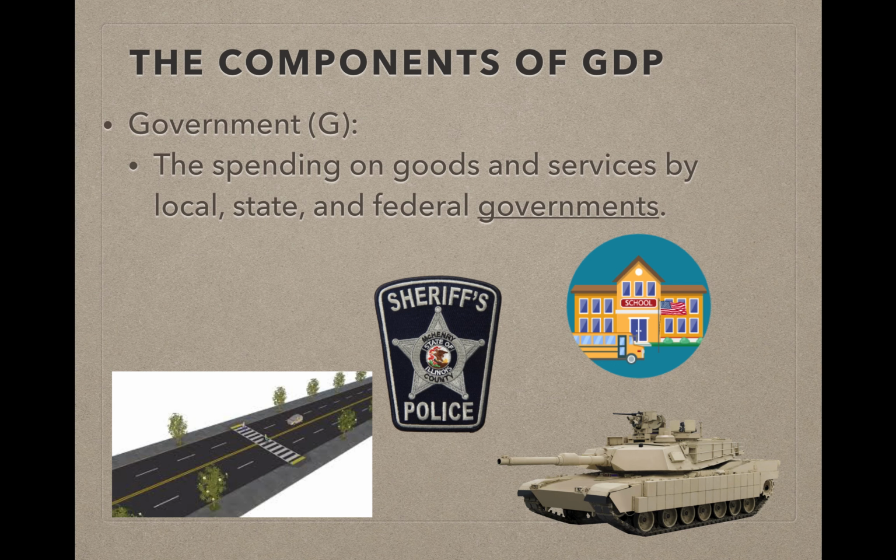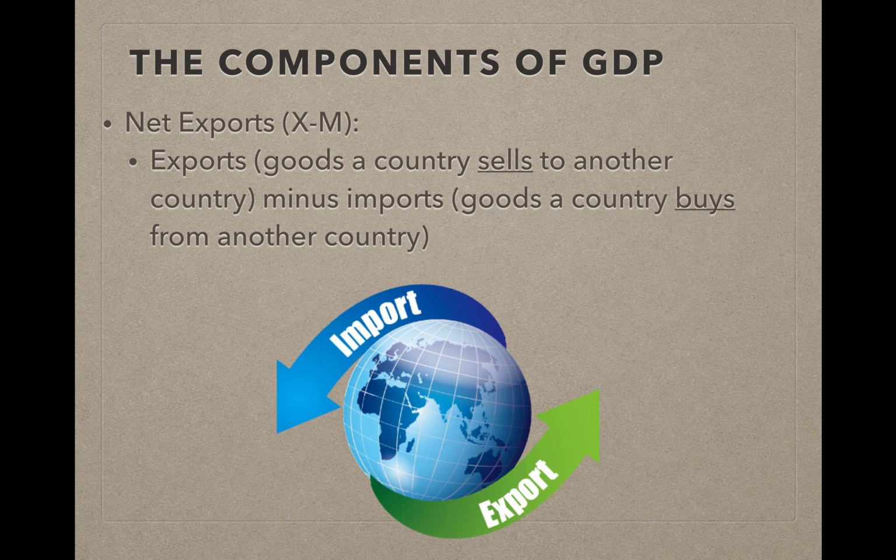If the government is going to buy more tanks or airplanes or weapons, that is government spending. Local governments and state governments will spend money on police force, on the army, on the fire department, on new roads and bridges. Everything that the government provides to us as a public good or service is part of government spending, and we know that belongs in the category of government.